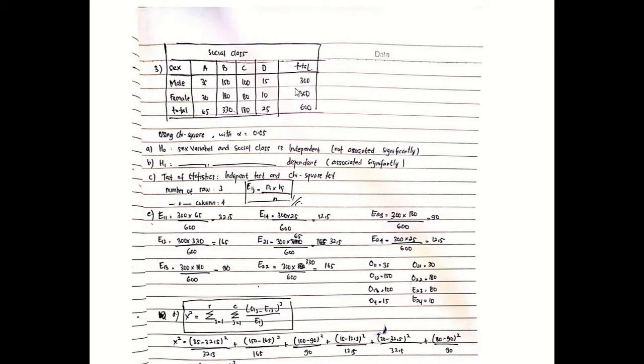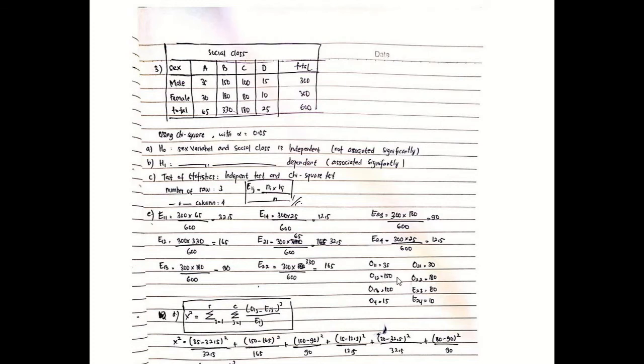We get it from here: 300 times 330 divided by 600, and we get the result 165. So we do the same formula with different numbers for the next, E13 until E24, from this table.